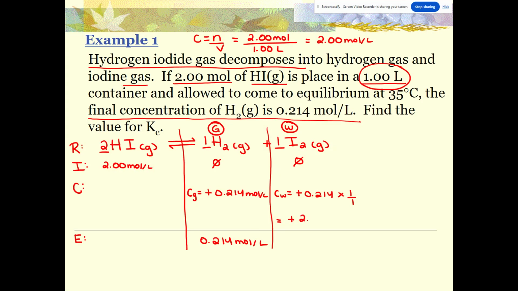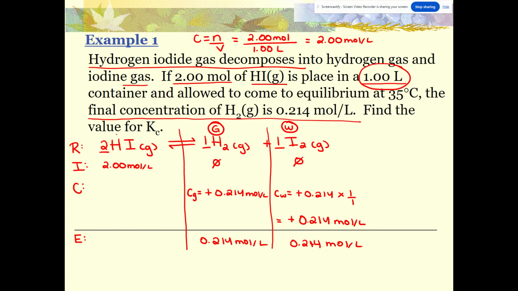So my iodine is also going to increase by 0.214 moles per liter. It started also at 0, so at equilibrium, once the reaction has gone to completion, I will also have 0.214 moles per liter of my iodine gas.